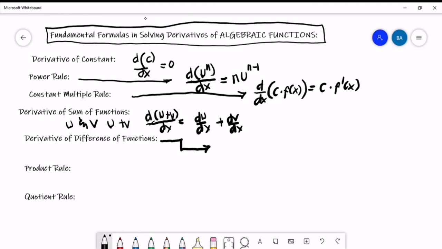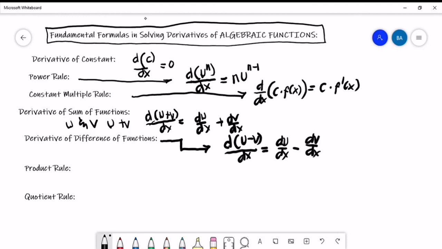Then we also have the derivative of the difference of functions. The concept is just the same as the sum of functions. The only difference is the sign or the operation. So if we have the derivative of u minus v with respect to x, it means that we have the derivative of u with respect to x minus the derivative of v with respect to x.